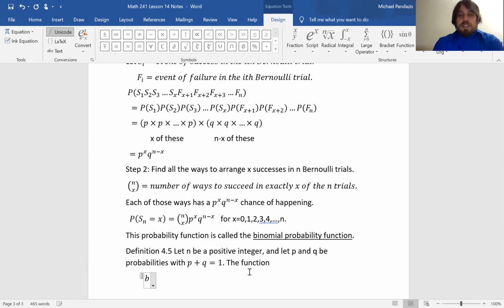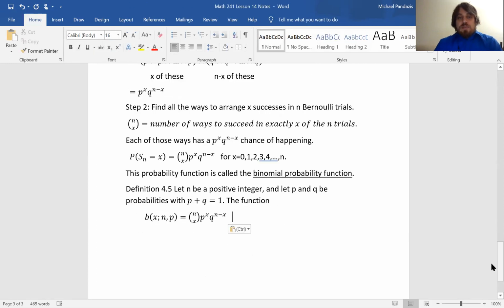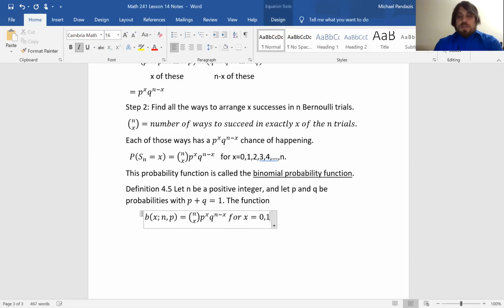The function B of X colon n comma P is equal to n choose X times P to the X times Q to the n minus X for X equal to 0, 1, 2, 3, and so forth up to including n.